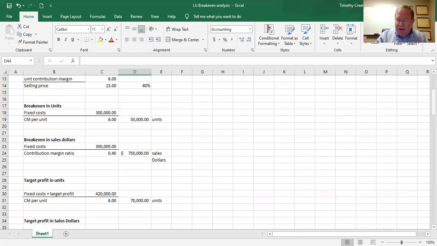You can decrease your variable cost per unit, which will increase your contribution margin per unit, or you can lower your fixed cost, all of which will decrease the number of units that you have to sell in order to break even. So companies use this a lot, and it can be applied to any type of business. It's very useful in business decisions.